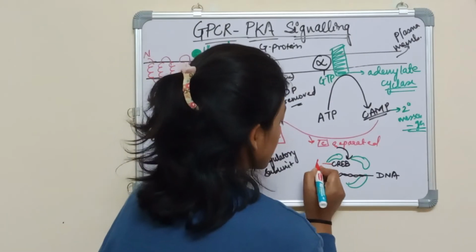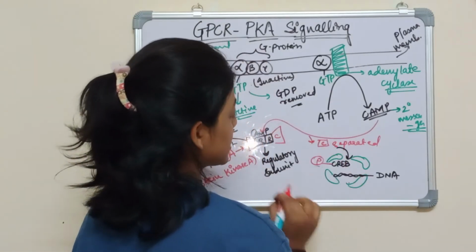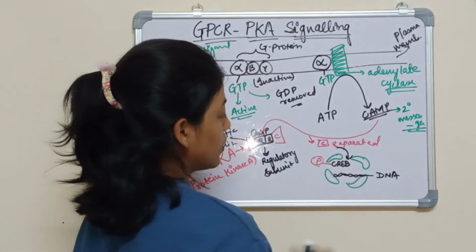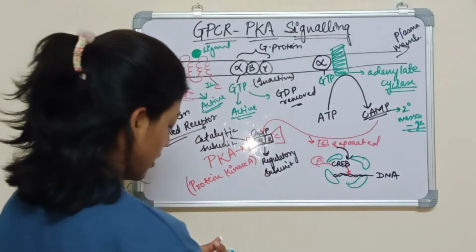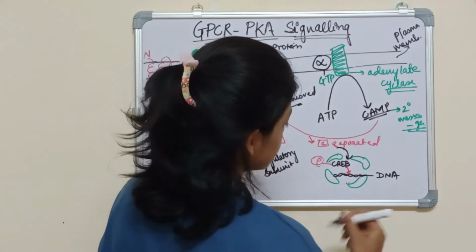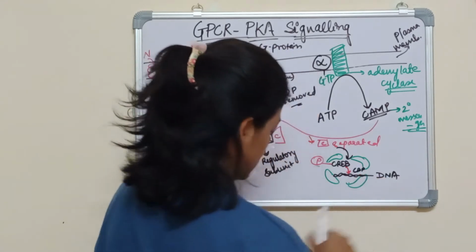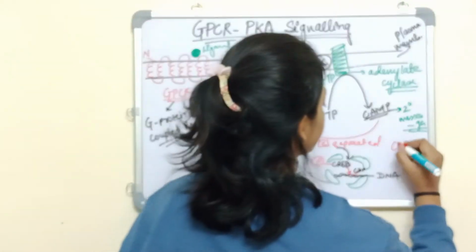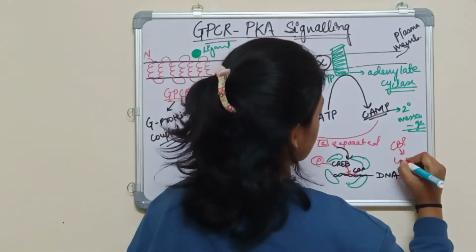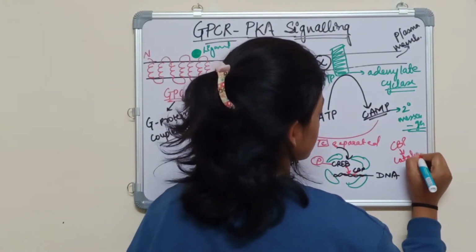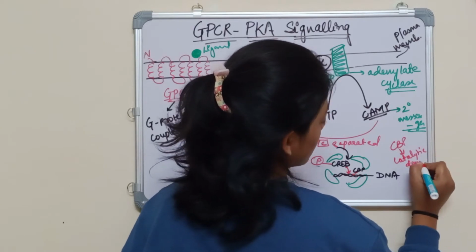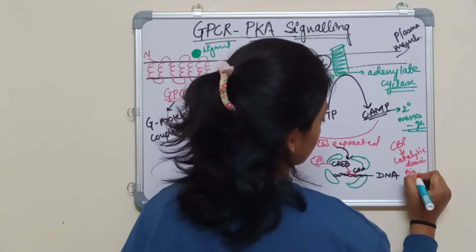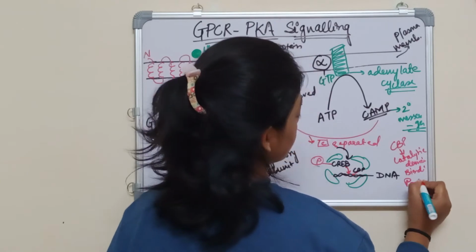Now CREB will come and bind to DNA along with another protein known as CBP. CBP stands for CREB binding protein.